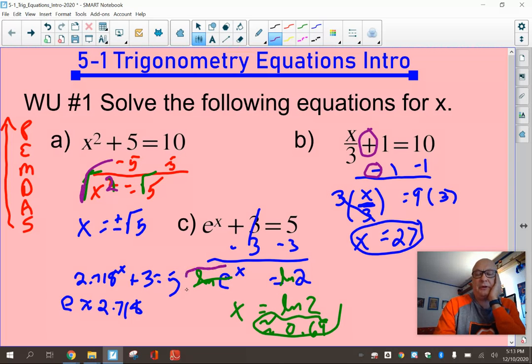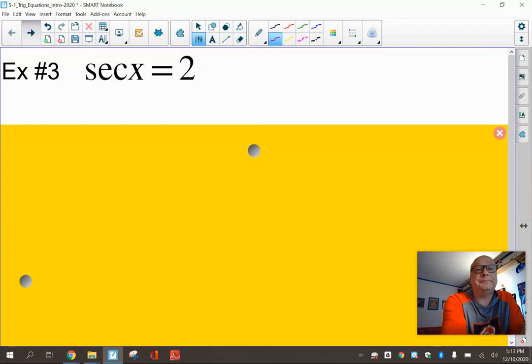This is definitely the trickier one because when you studied inverse functions in Algebra 2, you really should have talked long and hard about how to undo exponentials, specifically e, and you do that with a logarithm. So this is about undoing and getting things alone. That's how you solve any equation, and you've been doing that probably since about 7th grade.